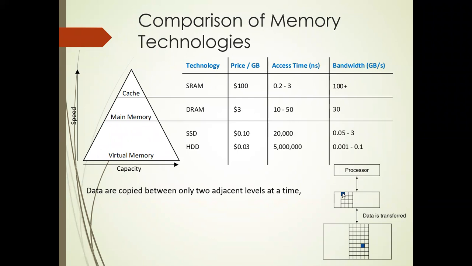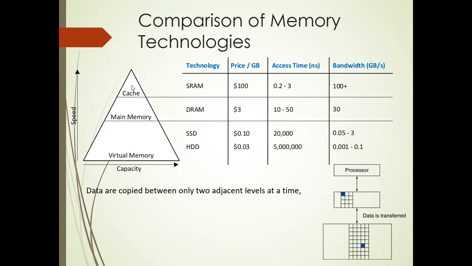If the data in the cache is there and updated, then it will copy from the cache; otherwise, it has to ask for the data from the next level. Here the data are usually copied from one level to the other, which means that if you have the data in the virtual memory and you would like to push this data towards the cache, you need first to copy the data from the virtual memory into the main memory, and then from the main memory into the cache.